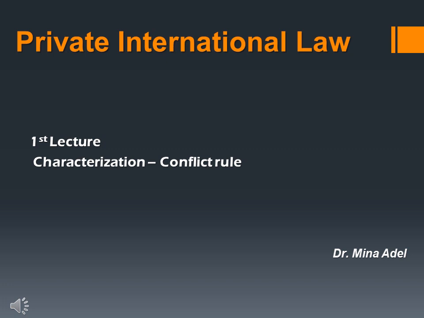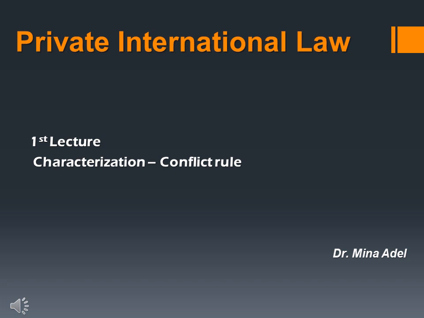Then I will remind you of Mr. Bartin, because he made the main theory of characterization in conflict of laws, and he told us that we have to make a difference between two kinds of characterizations. The first one is called primary characterization, and then we have the secondary characterizations.